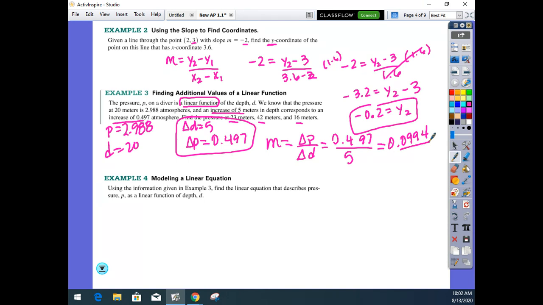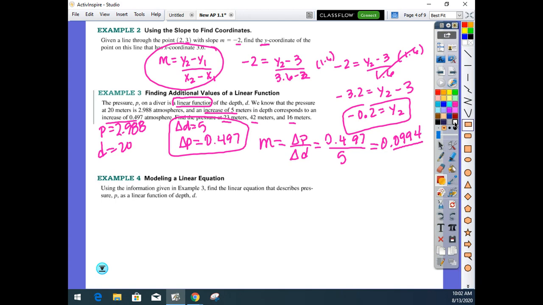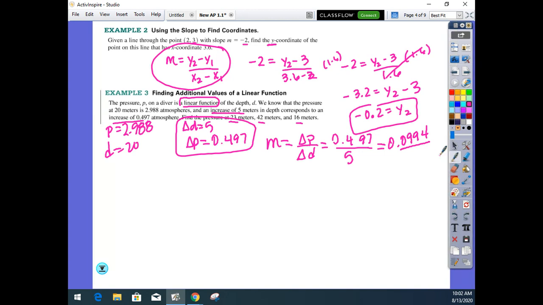All right. So then we're going to do the same thing that we did up here. So here's our slope of 0.0994. We're looking for P2 minus our pressure of 2.988.